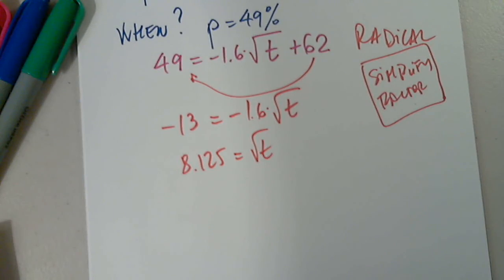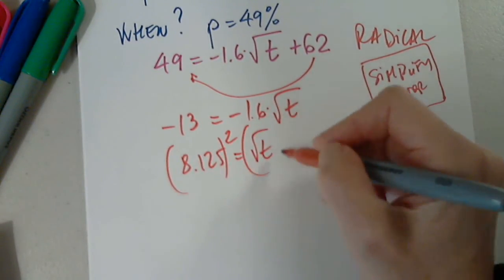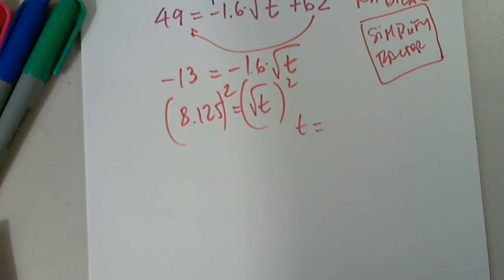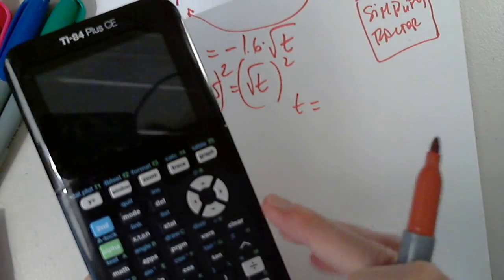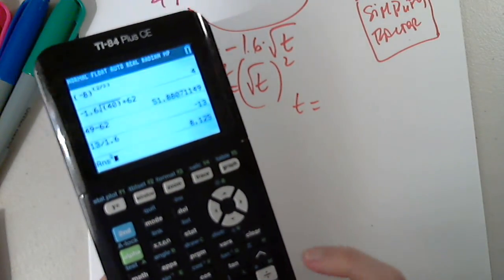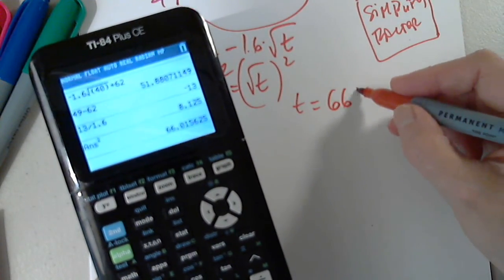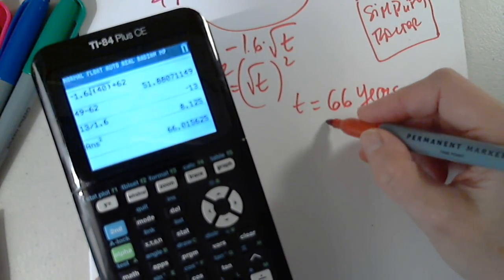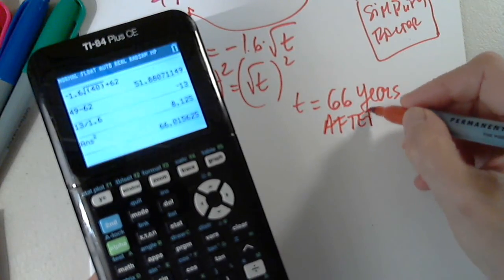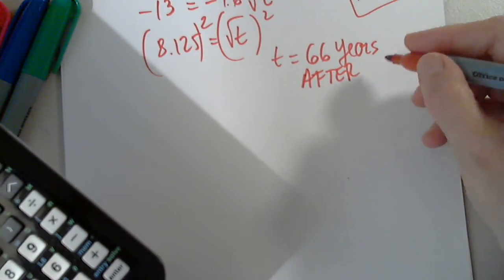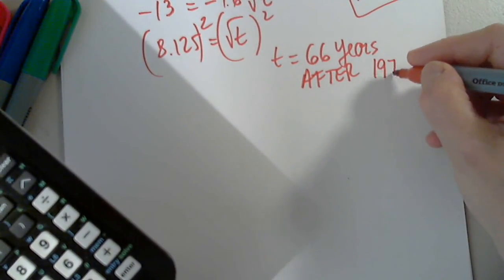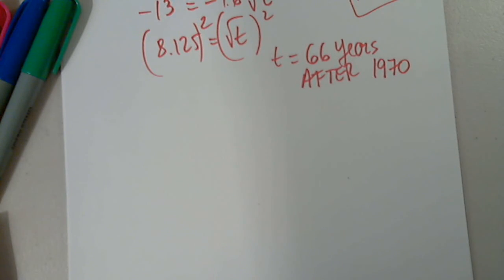Use square. Excellent. So t will be, when I square this number that I just got, 66. 66 years after what? 1970. Excellent job.